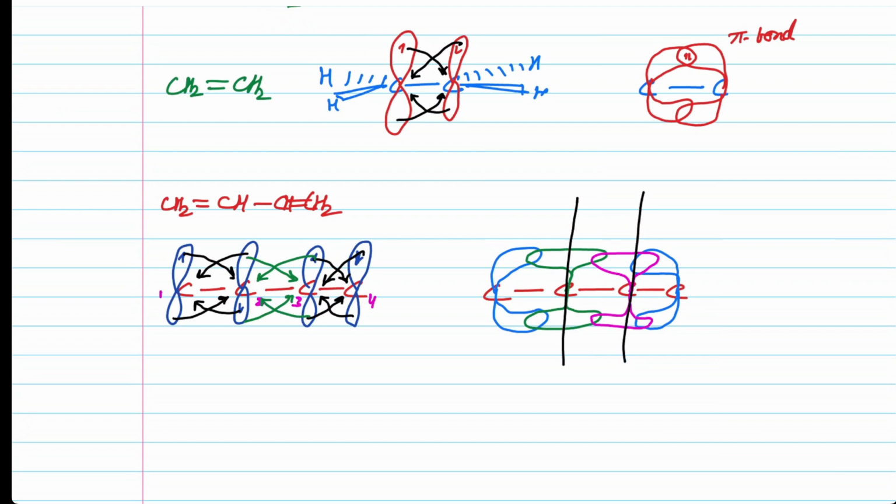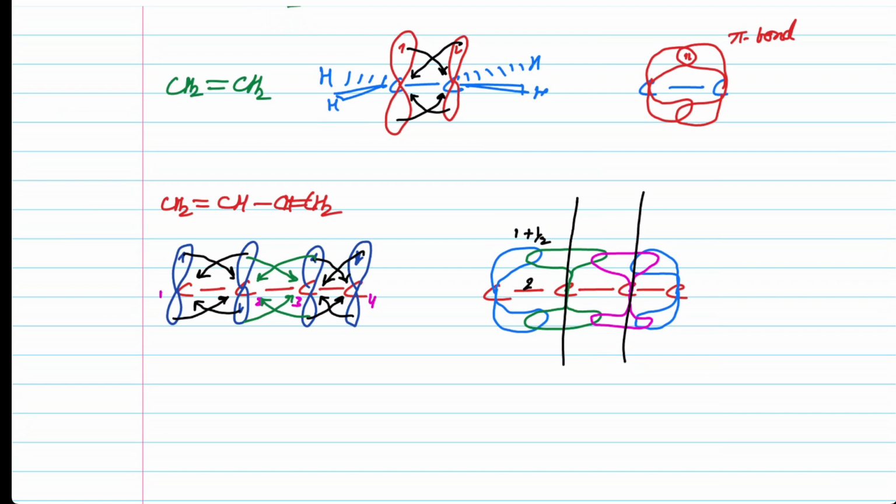The electron of carbon number 1 will be completely contributed towards the first bond. So here there are two electrons in the sigma bond. There is one electron being contributed from the carbon number 1, and half electron will be contributed from the carbon number 2, because the electron of the carbon number 2 will be shared between carbon number 1 as well as carbon number 3.